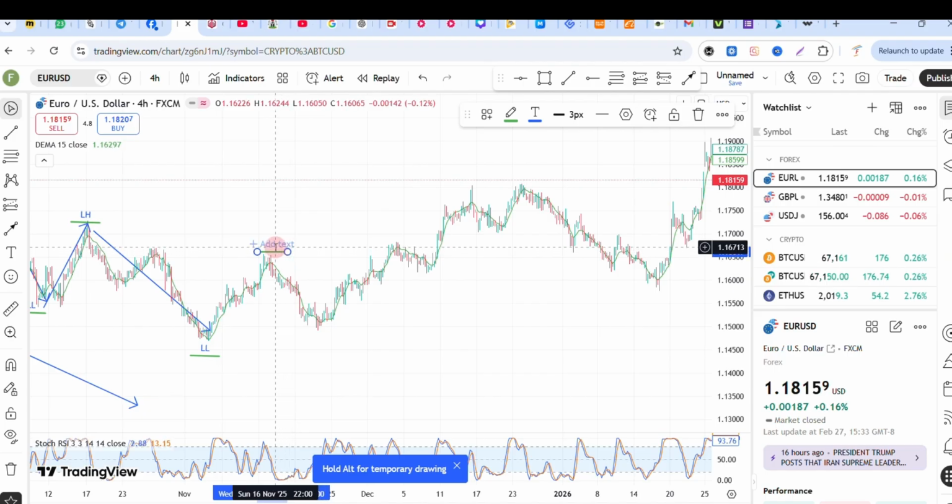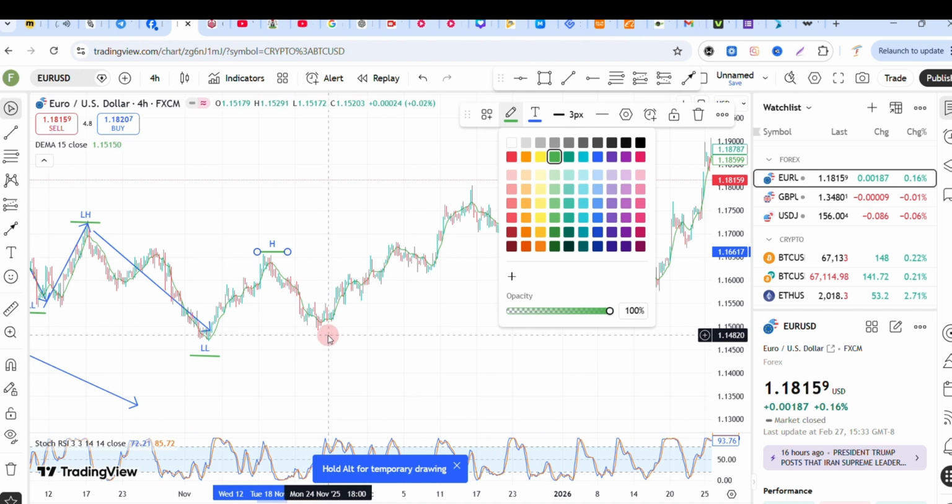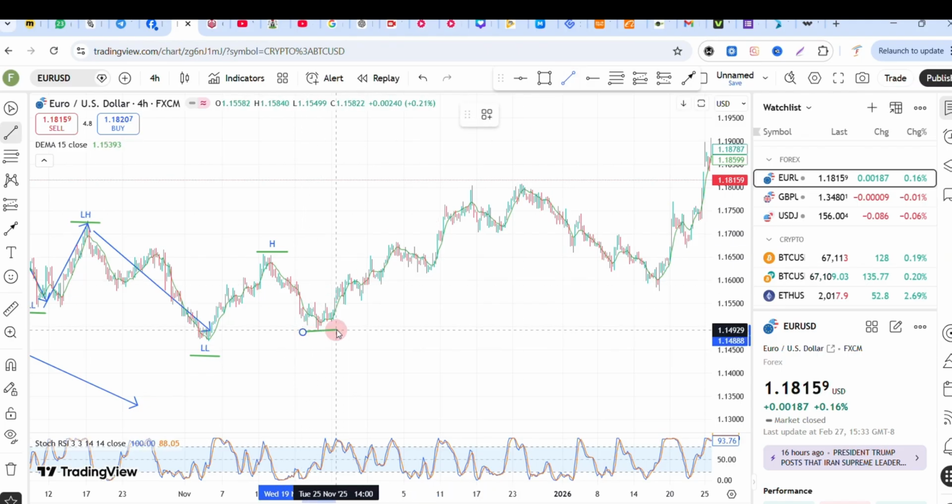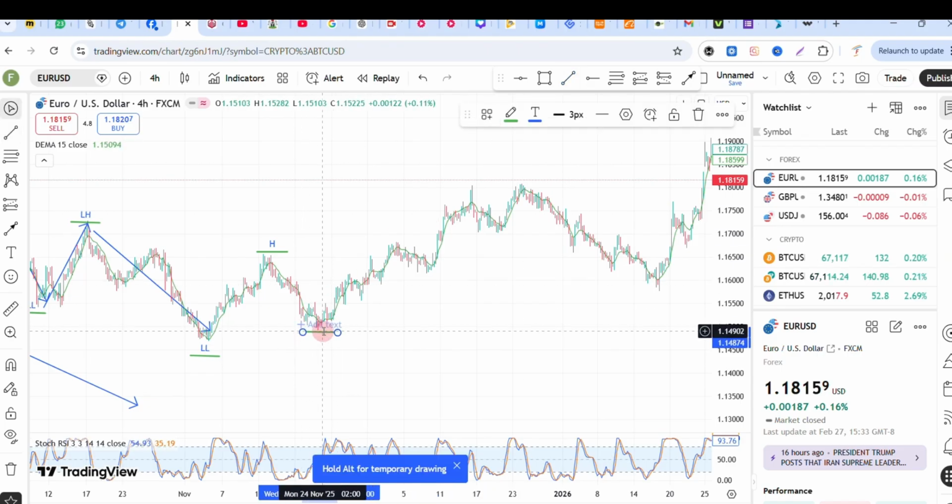We call this, this is a lower low, and this is a high. Let's call this our high. Okay, so from our high, then we have our low here. We have our low.